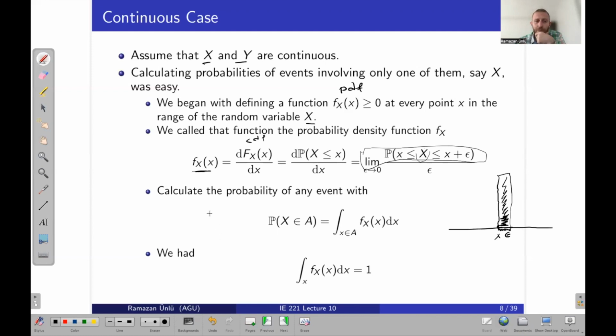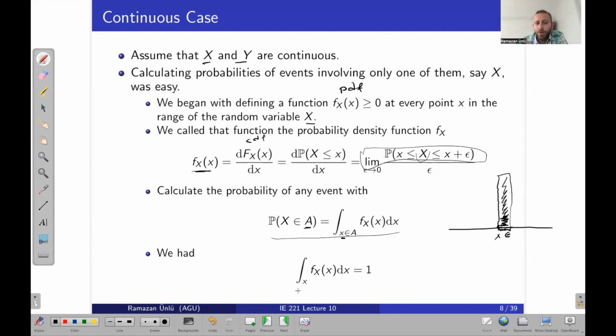To calculate the probability of any event A for X, it is simply the integration of the PDF over the x values that belong to the event A. You will remember this from the previous lectures.